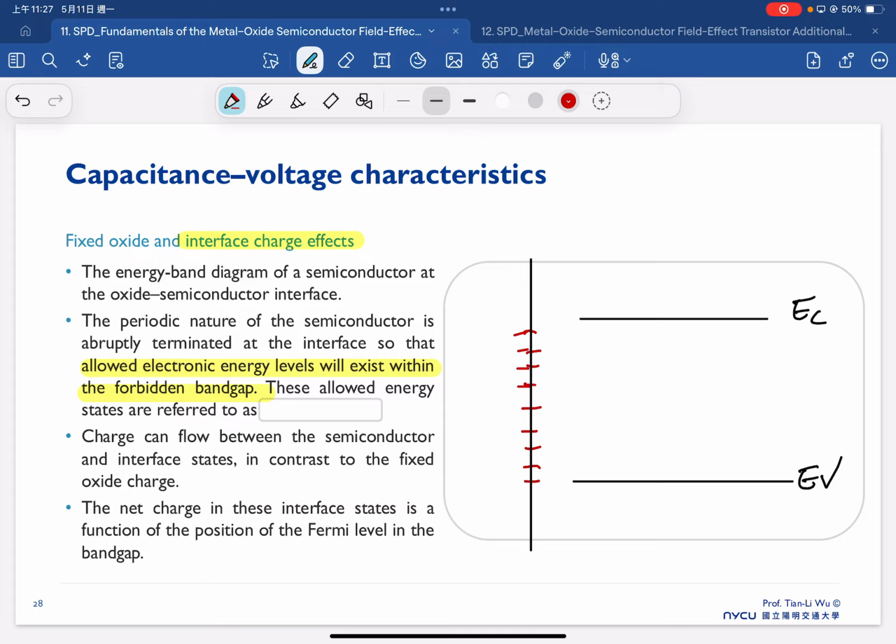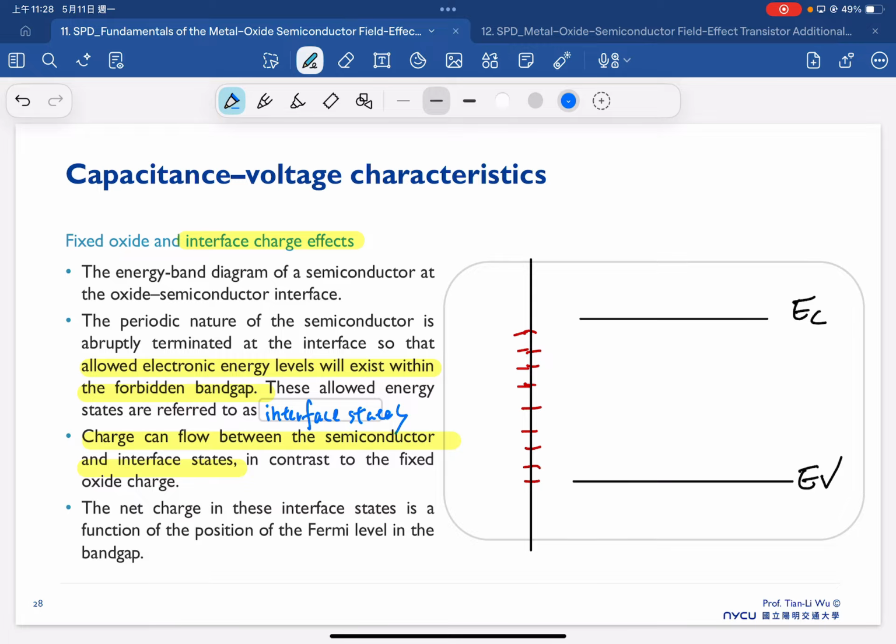These allowed states are referred to as interface states, and charge can flow between the semiconductor and the interface states.